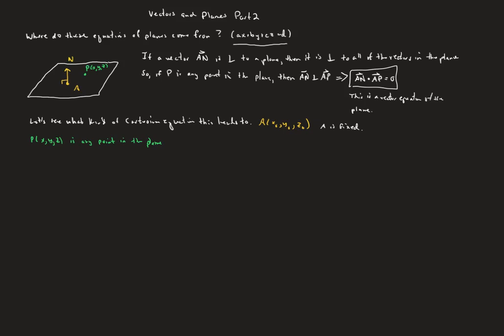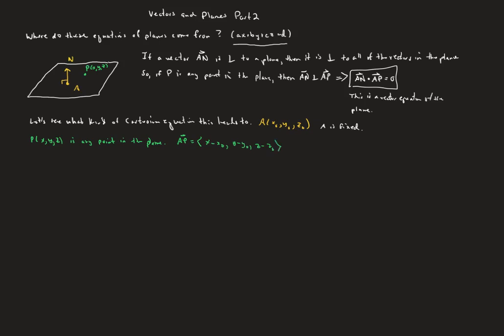And then we know that the vector AP is going to be tip minus tail. So it's going to be x minus x sub 0, so I'm taking the x coordinate of the P minus the x sub 0 of the A, and y minus y sub 0, and z minus z sub 0.